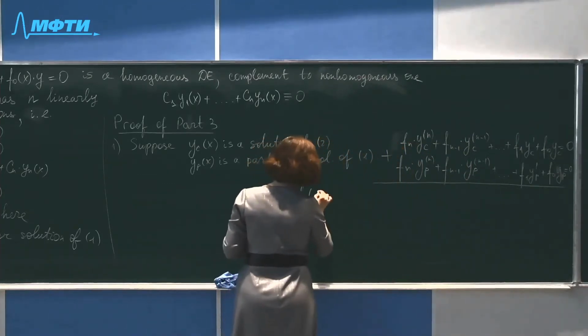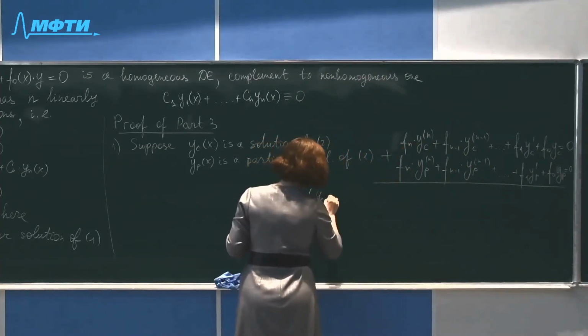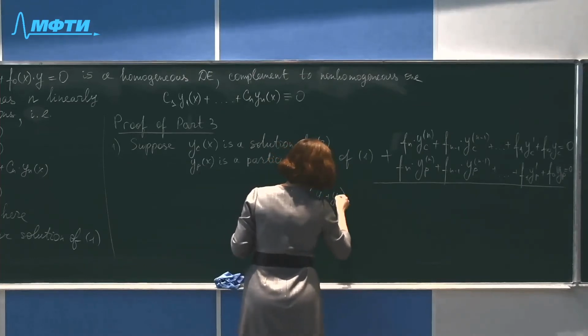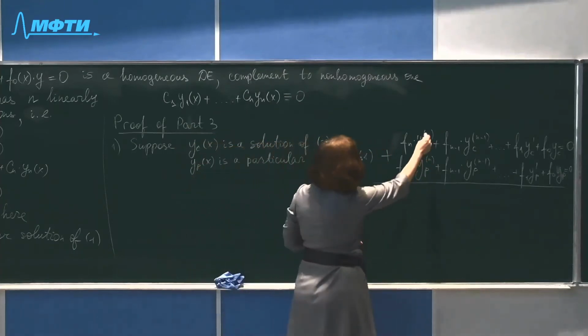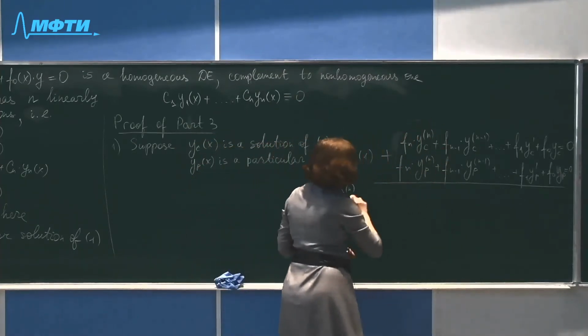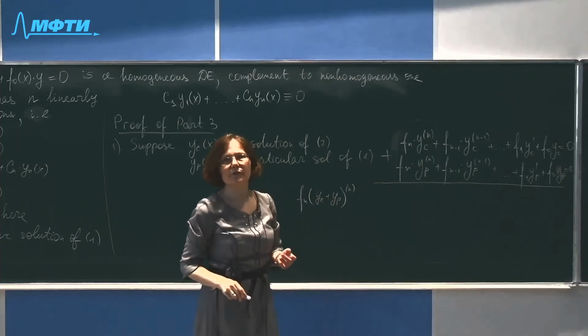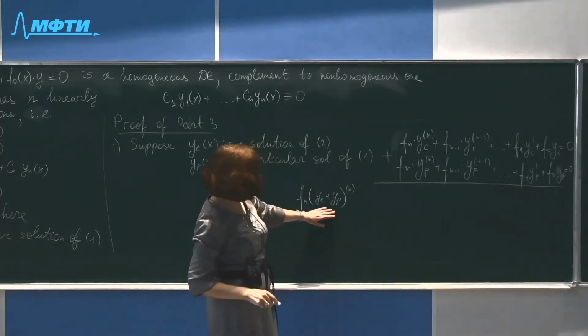Fn times the nth derivative of yc plus yp. If we add these two terms together and use the linearity of the derivative, we can rewrite the sum in this form.